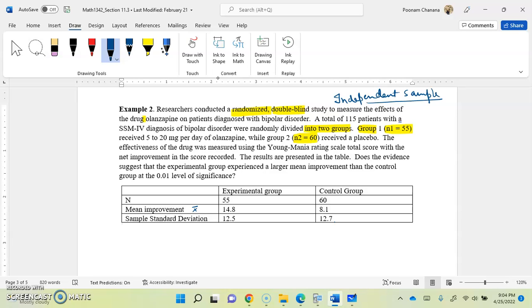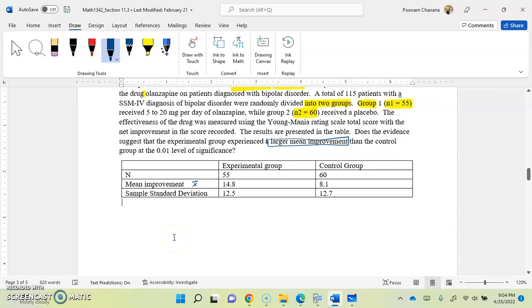Does the evidence suggest the experimental group experienced a larger mean improvement than the control group? So this sentence tells me that I need to test that mu1, this is group 1, this is group 2, so I'm going to say mu1 is larger than mu2. That is our claim. If we have to test that, then the null hypothesis is just mu1 equal to mu2.